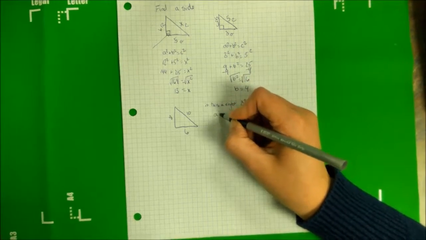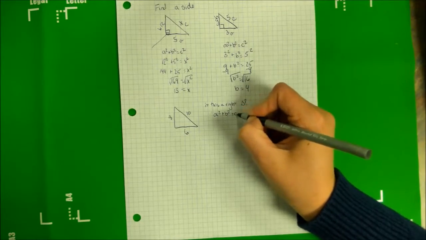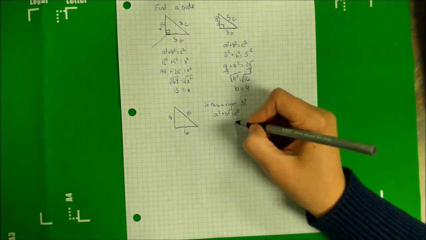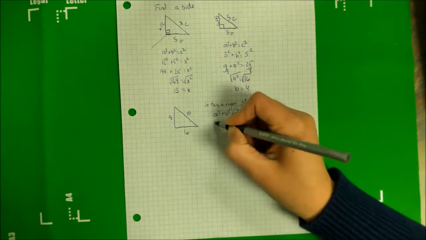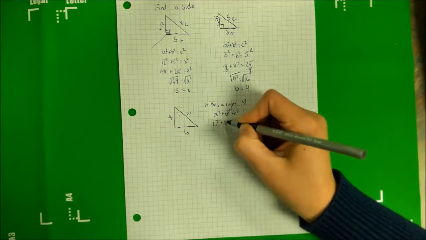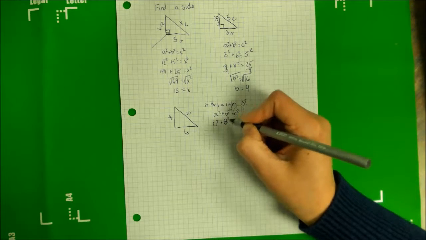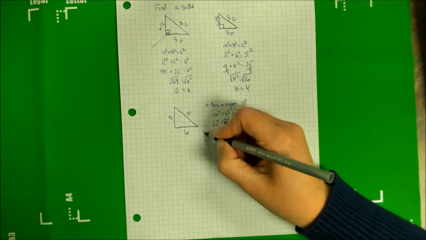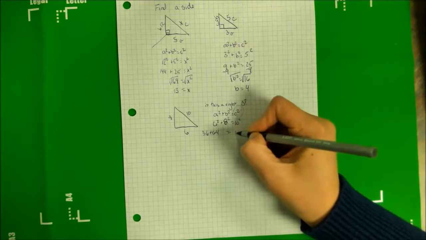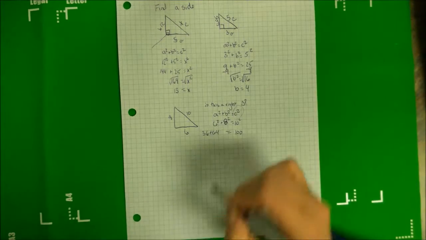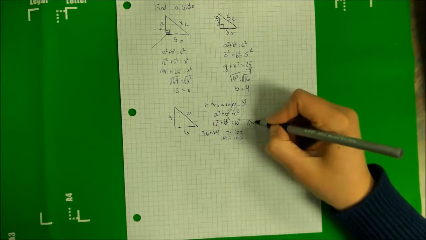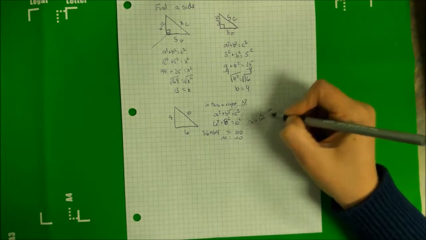I'd use the Pythagorean theorem, and I'd plug in the longest side, which will always be the hypotenuse, and the two shorter sides are A and B. This is 36 plus 64 equals 100. Well, 100 equals 100, so this is a right triangle.